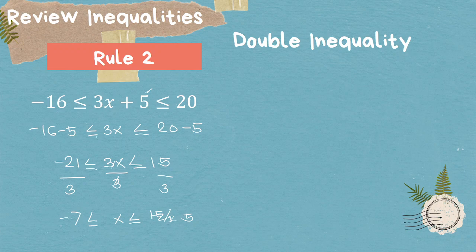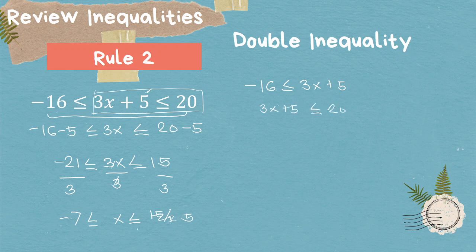Now, what does this inequality also tell us? Remember that we can also write this as negative 16 less than or equal to 3x plus 5, and another inequality, which is 3x plus 5 less than or equal to 20. You get it?